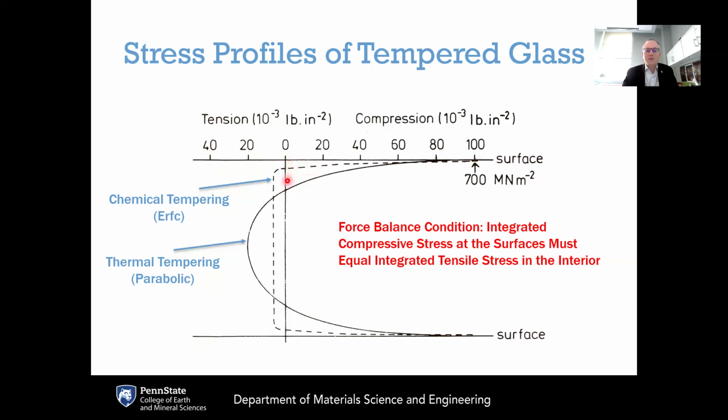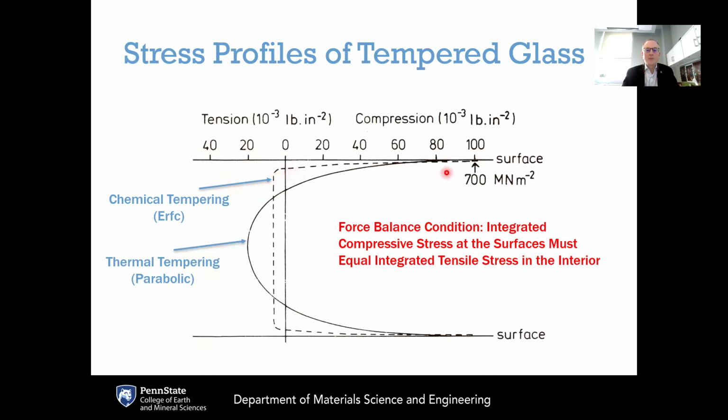However, if that flaw becomes long enough that it penetrates through this zero crossing point of stress and then into the tensile region, that's where the glass will fail. And so you can think about this compressive stress region as being like an armor that is on the glass, where if you want to introduce a flaw or propagate a crack, you have to overcome not only the intrinsic strength of the glass itself, but also have enough stress to overcome that additional compressive stress that is at the surface.